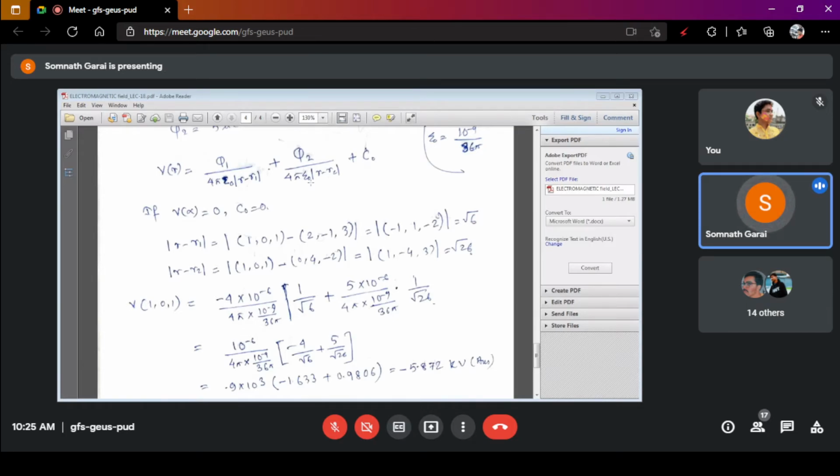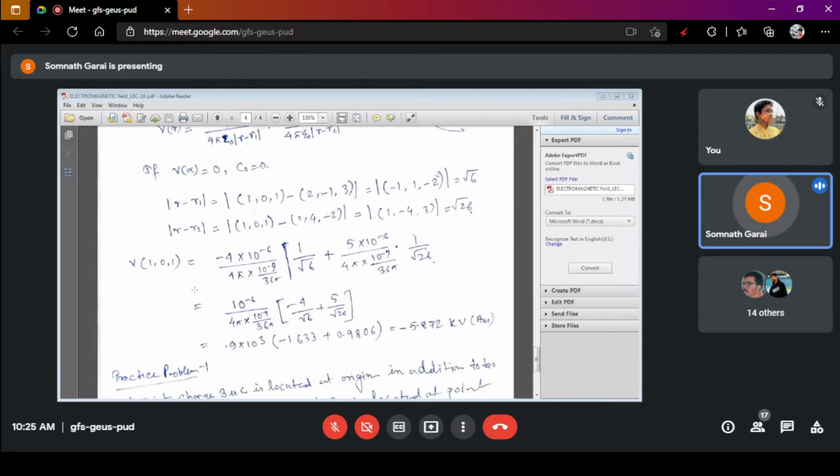If you put the values of q1, q2, 4 pi epsilon naught, mod of r minus r1 and mod of r minus r2, then after calculating, the value of the potential is approximately minus 5.874 kilovolt.